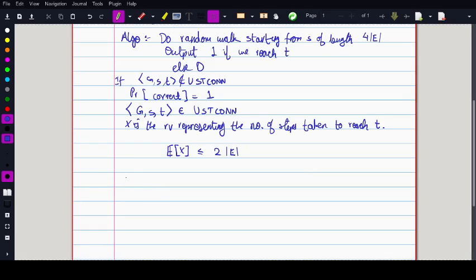The probability that our algorithm outputs correct will be equal to the probability that the random variable X is less than, let's say, 4 times mod E, which is at least the probability that X is less than, let's say, mod E.